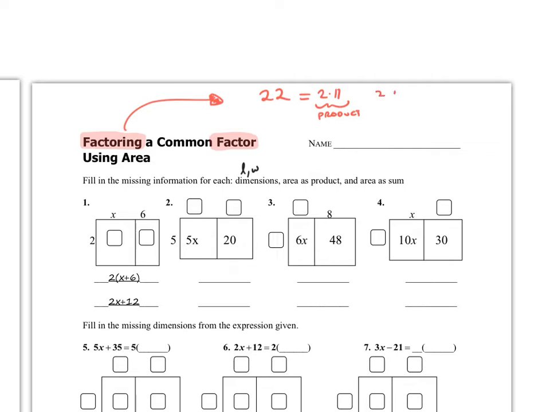And 2 and 11 are factors of 22. And what's a factor? Factors are pieces of multiplication. They're things that are multiplied together. I'm just going to call them pieces for now, because they could be numbers, but they could also be variables or even other things. So pieces that are multiplied together.